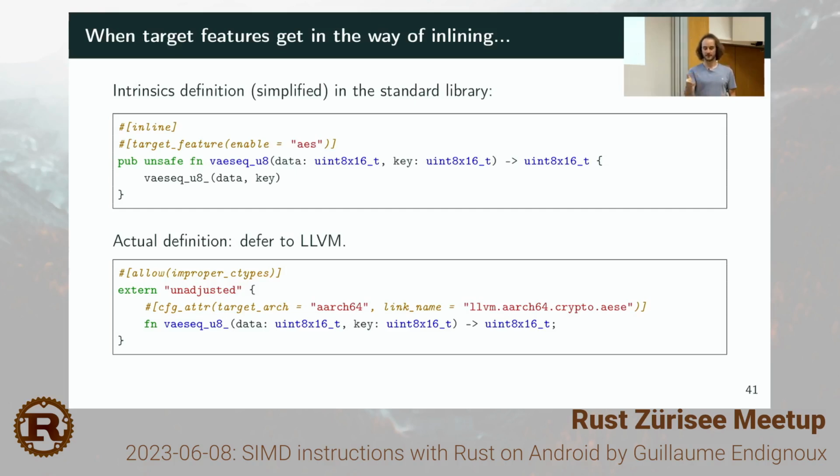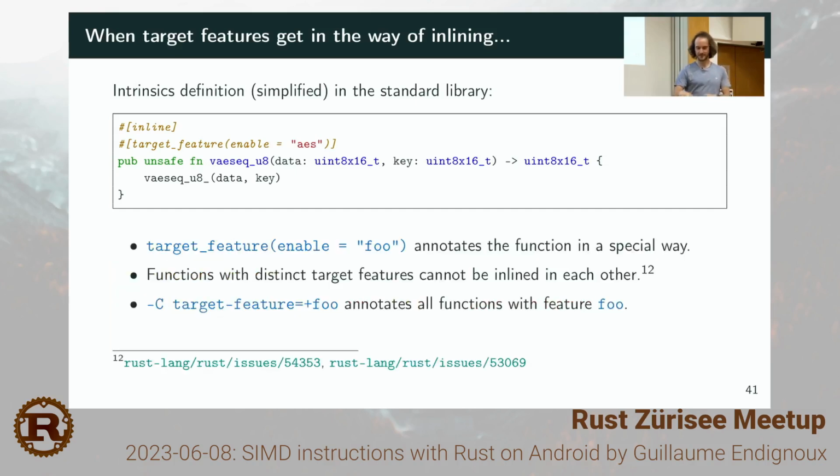But there is also this target feature enabled with the feature name, and unsafe. The actual implementation is not some assembly, but deferring to LLVM. There is this link name LLVM and a lot of compiler-specific shenanigans, but let's focus on the wrapper function here.